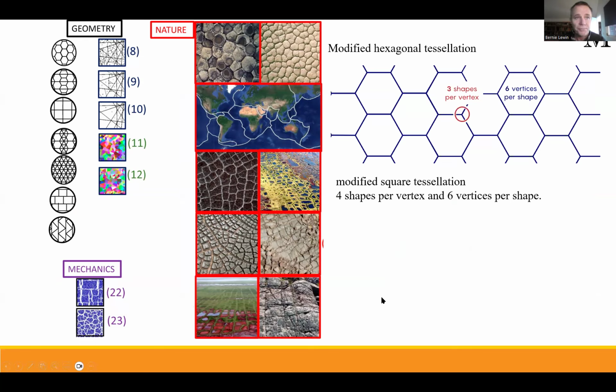So there's quite a bit of interest in science with these sorts of tessellation or cracking, if you like, that happens on different scales of different geology.